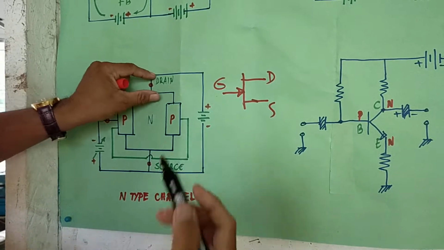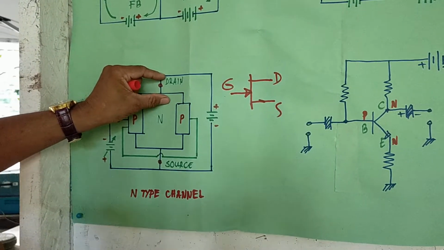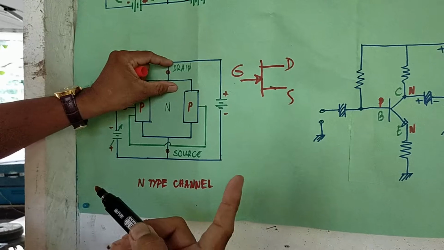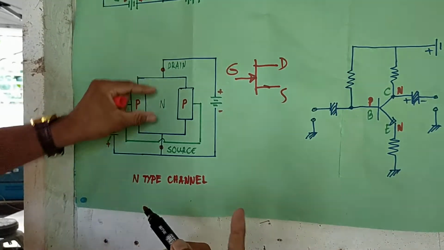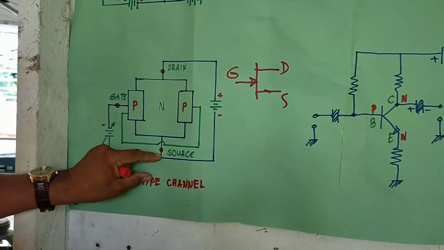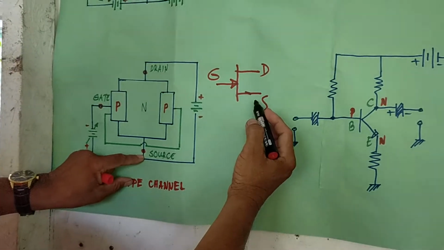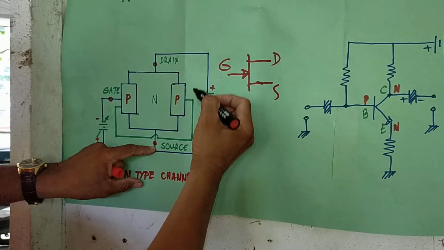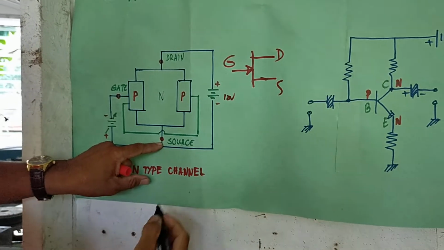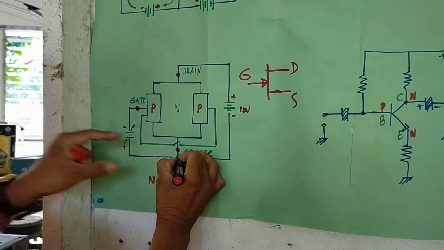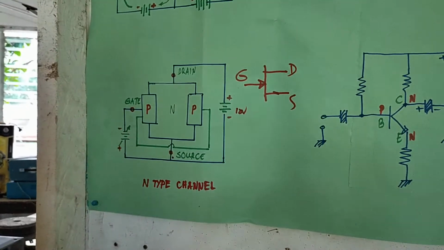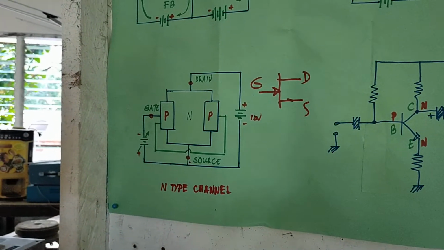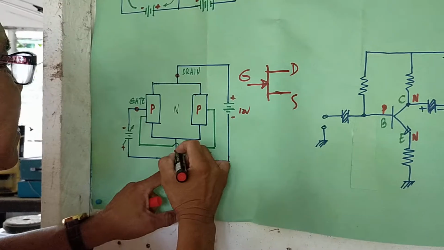So the drain corresponds to the collector of the bipolar junction transistor, and the source is the emitter of the bipolar junction transistor. They are supplied with a supply voltage, probably 12 volts for example. So current would flow through this channel. The other term for channel is passage or path, daraanan ng kuryente.